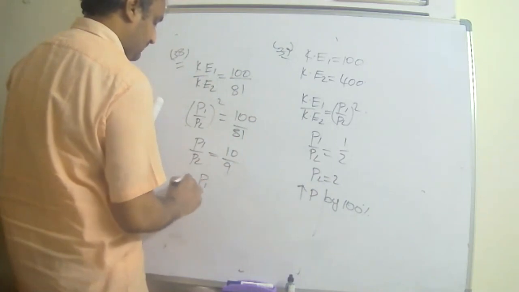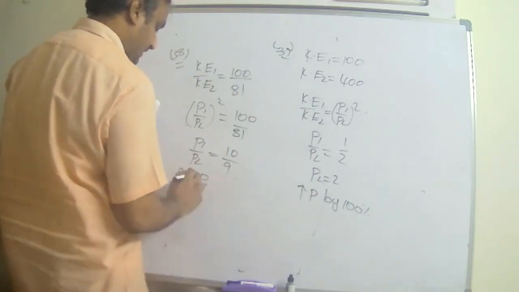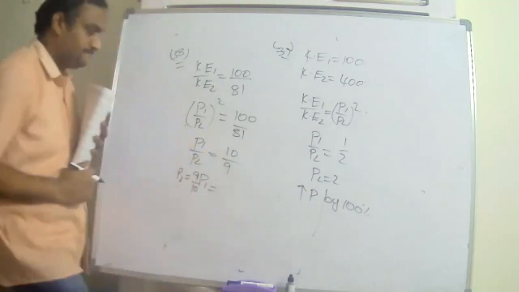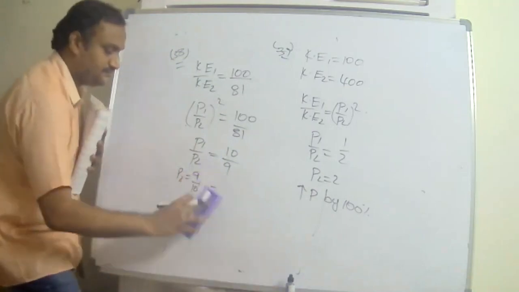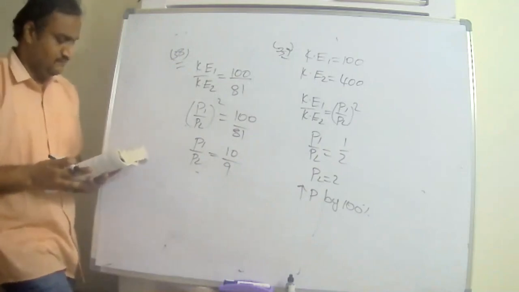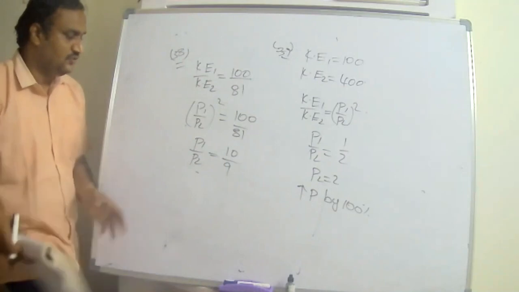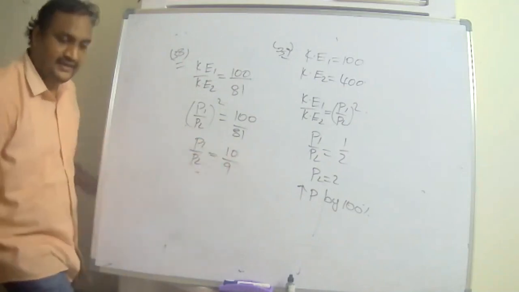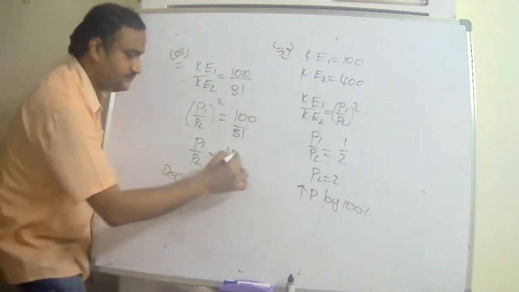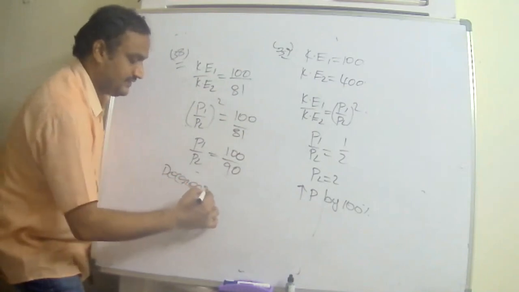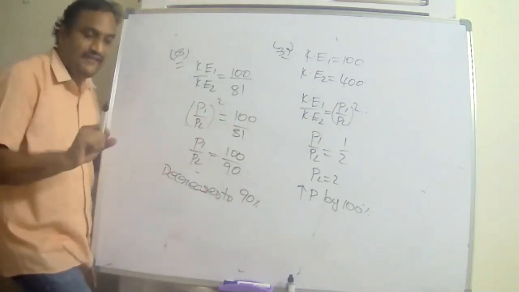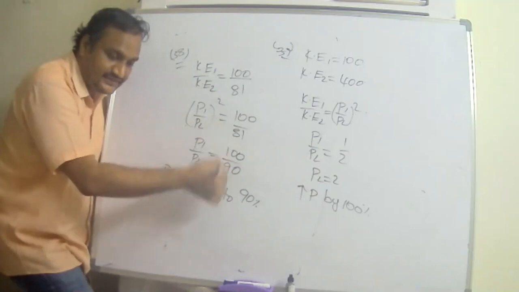So P2 is equal to 9 by 10 times of P1. So the momentum decreases to 100 ఉండేదల్లో 90 అయింది, అంటే ఎంత డిక్రీజ్ అయింది? 10% డిక్రీజ్ అయింది, or decreases to 90%. Decreases to అంటే ఆ వాల్యూ చెప్పాలి, decreases by అంటే ఎంత తగ్గిందో చెప్పాలి.